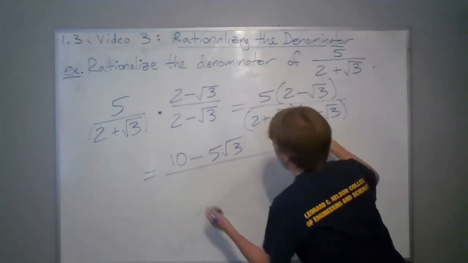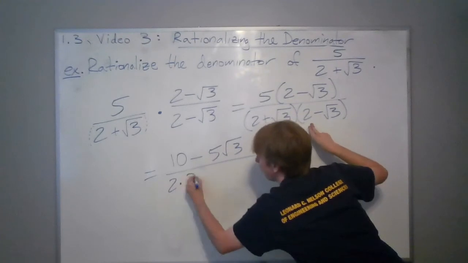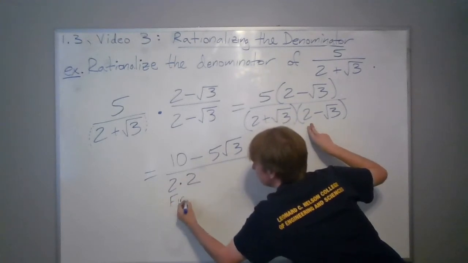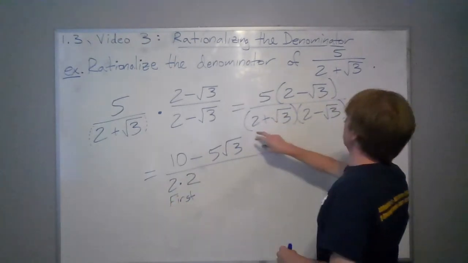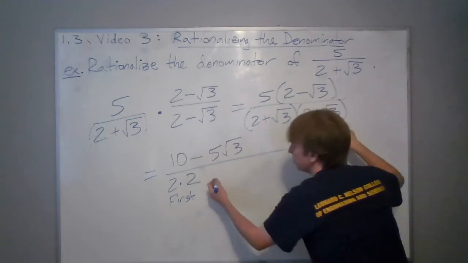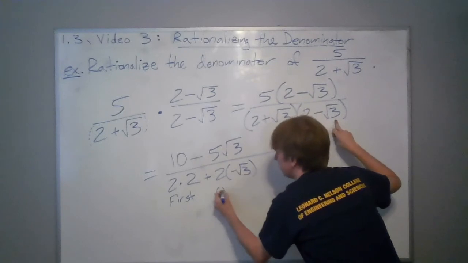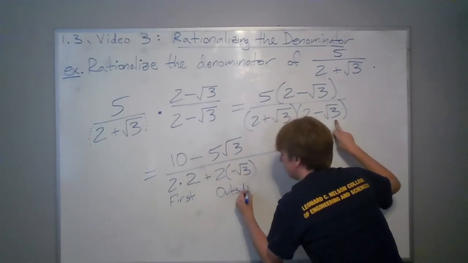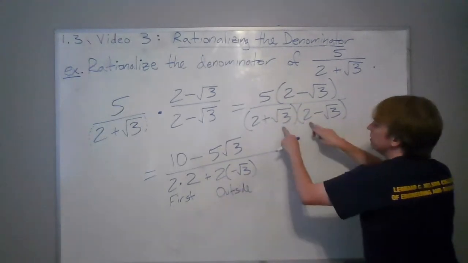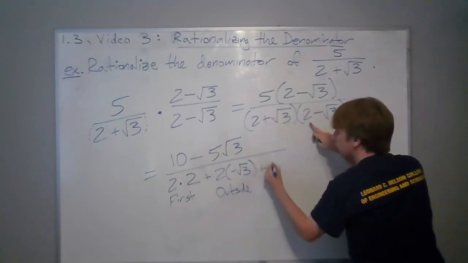So we're going to have 2 times 2 as our first term. Outside would be 2 times negative square root of 3. Inside would be square root of 3 times 2.